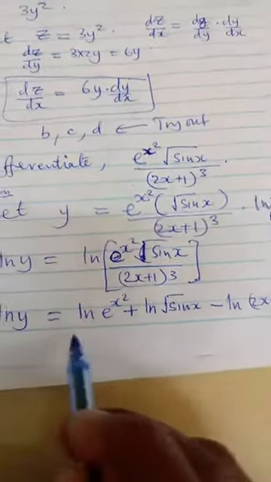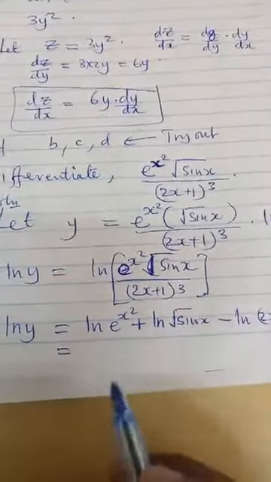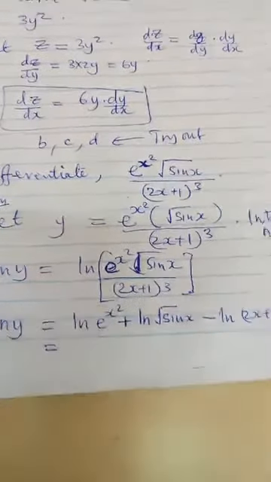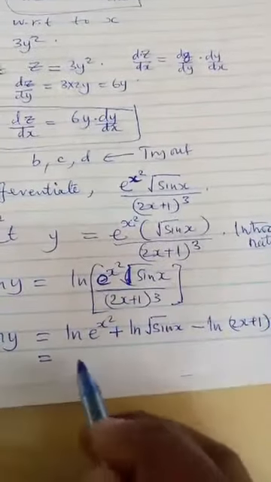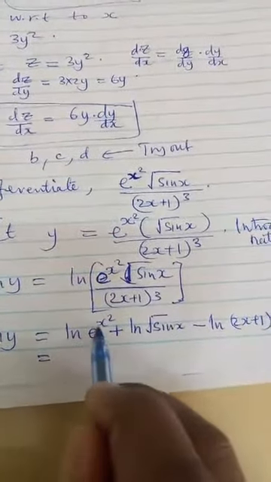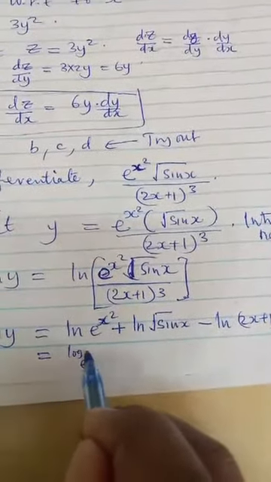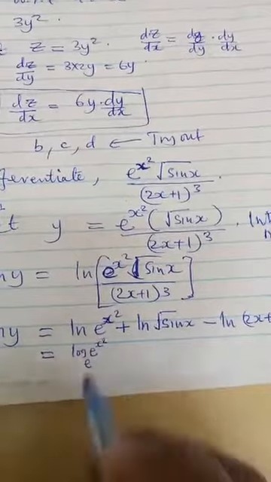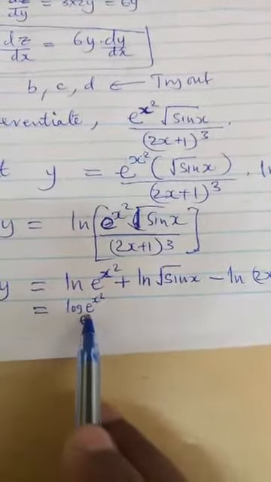We go ahead to say that this will be equal to the ln of. Now, one thing we should understand here is this is the natural log. In words, natural log of e to the x squared implies that it is actually supposed to be just x squared.